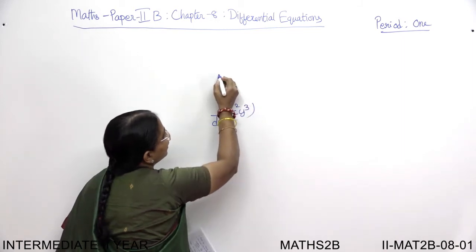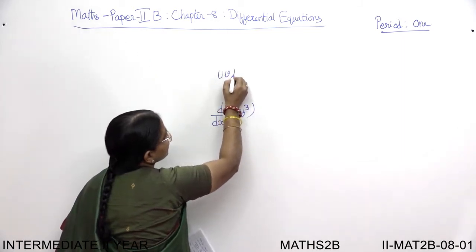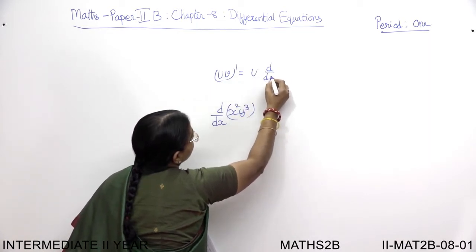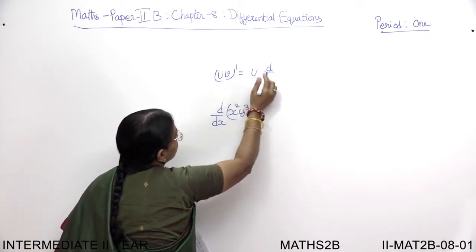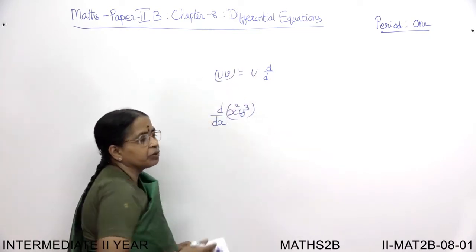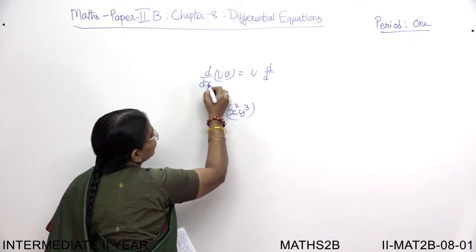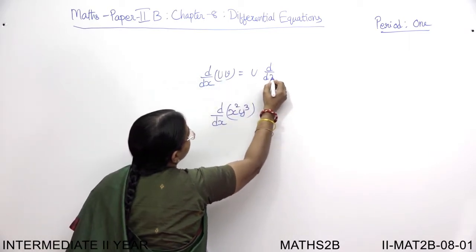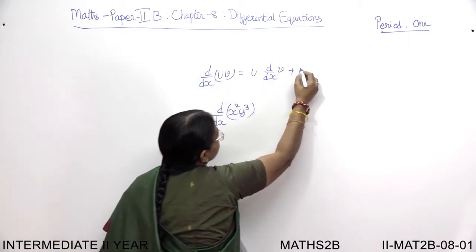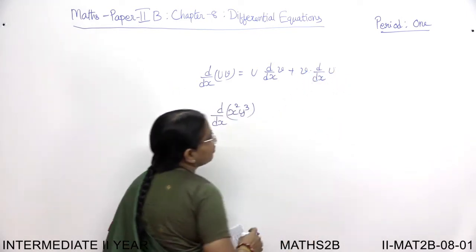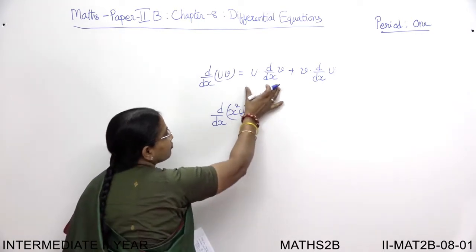Let us suppose that u and v are two functions of x. Then d by dx of uv is equal to u into derivative of v plus v into derivative of u. So you have to apply this rule.